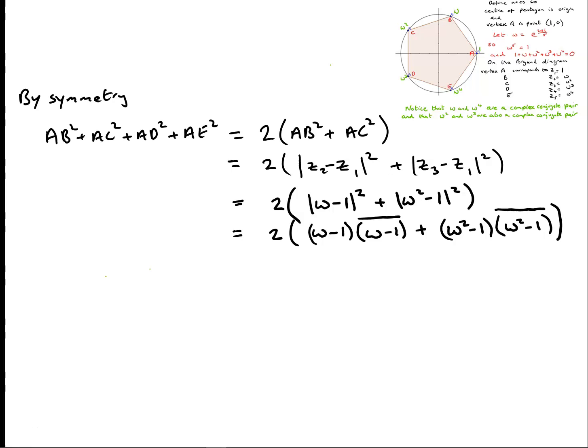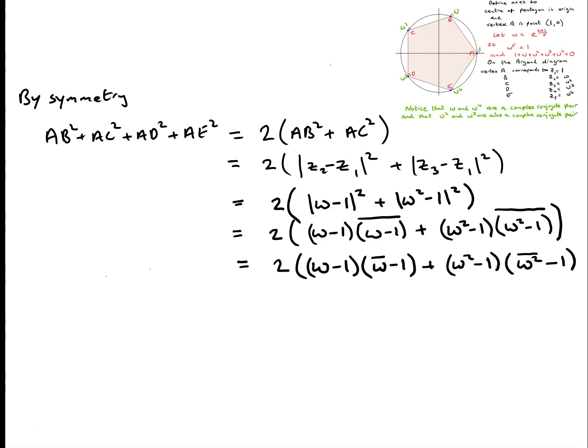Similarly, the modulus of omega squared minus 1 all squared is the same thing as omega squared minus 1 times the conjugate of omega squared minus 1. Now the conjugate of omega minus 1 is simply the conjugate of omega, take away 1. And similarly, the conjugate of omega squared minus 1 is simply the conjugate of omega squared, take away 1.